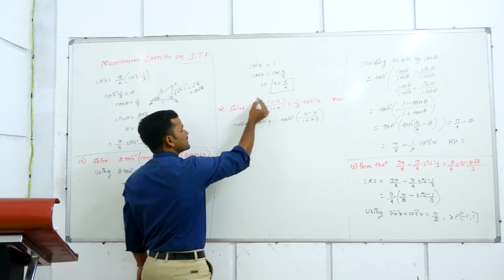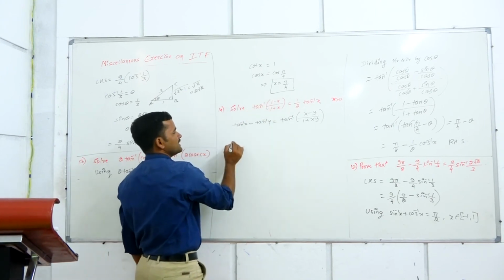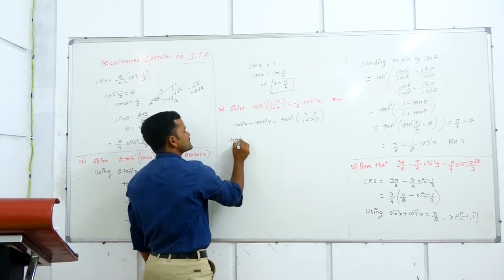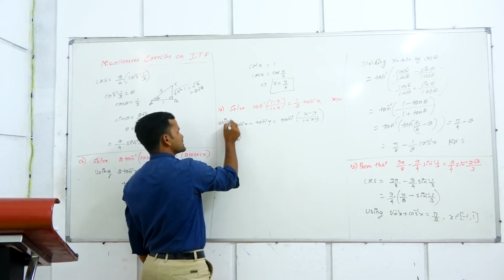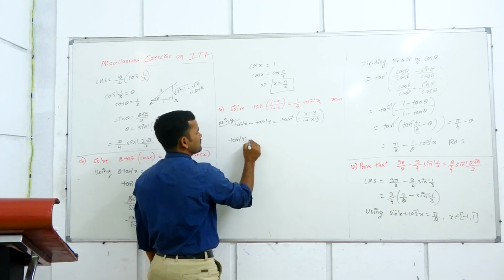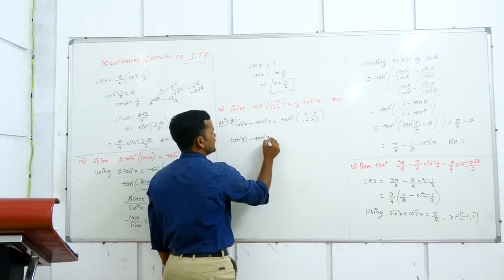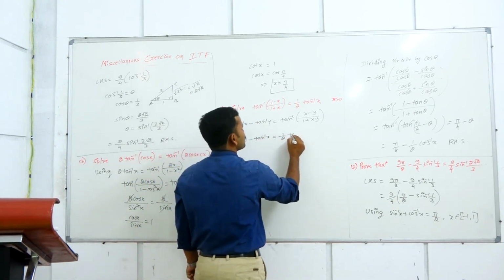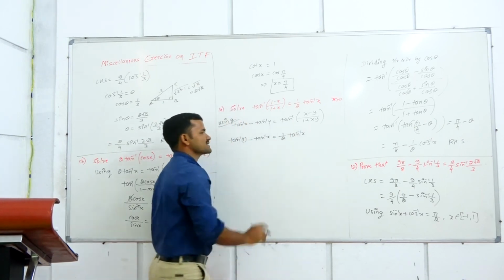Using this formula, we get tan inverse of 1 minus tan inverse of x, which is equal to 1 by 2 times tan inverse of x.